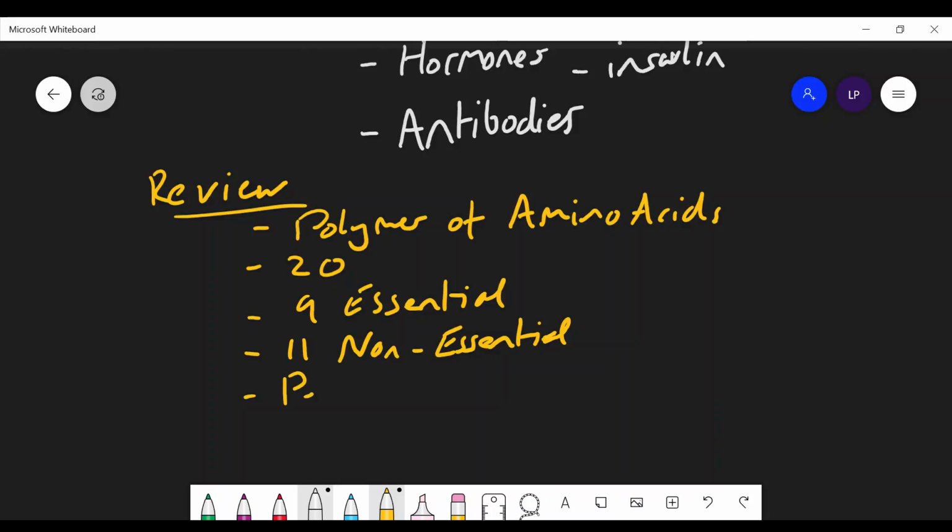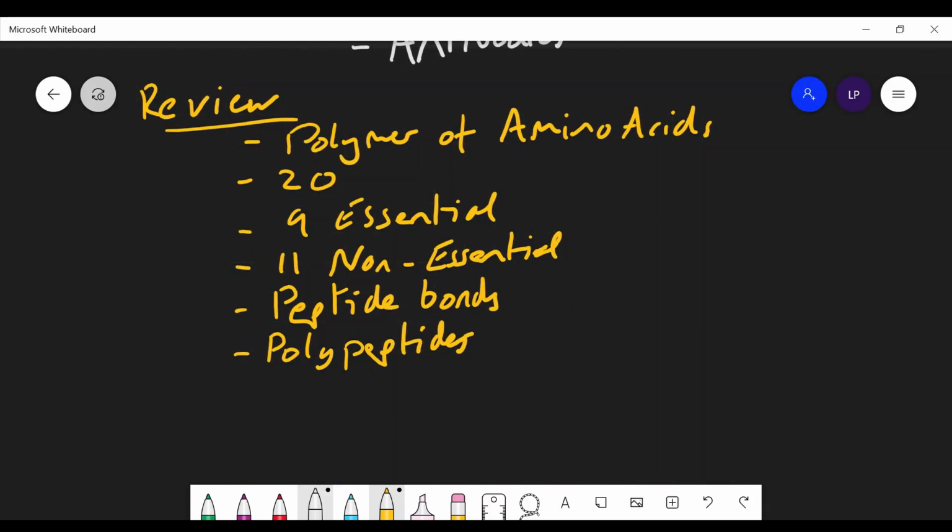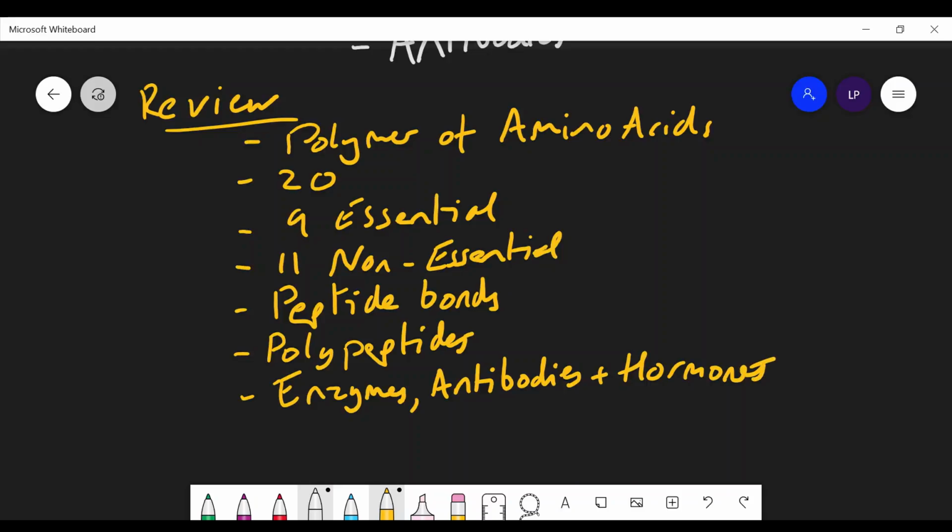When they join together, they form peptide bonds. So we can call them polypeptides. And they have many different important functions, such as enzymes, antibodies, and hormones.